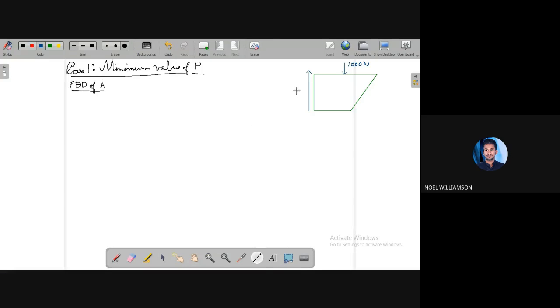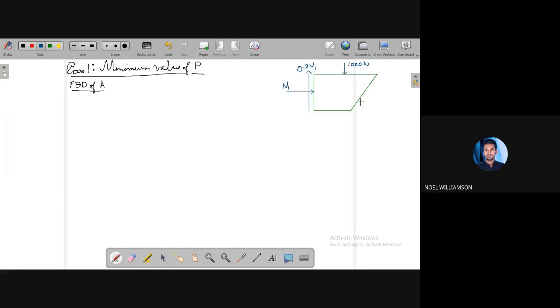Okay, and there will be a normal at the wall, let it be N1. Then here it will be mu into N1. In the question, mu at the wall is 0.3, so here it is 0.3 N1.